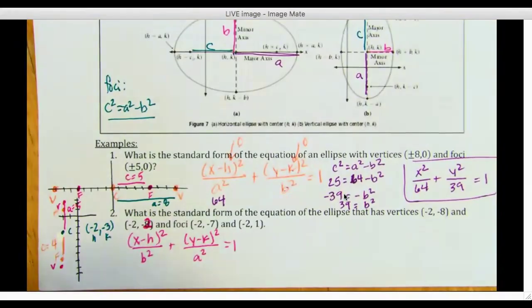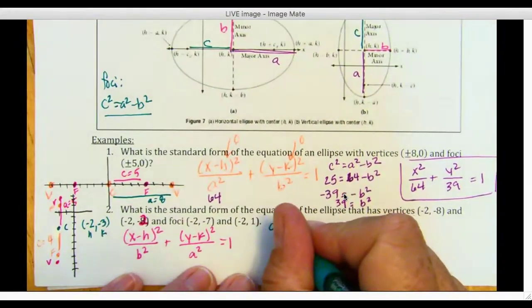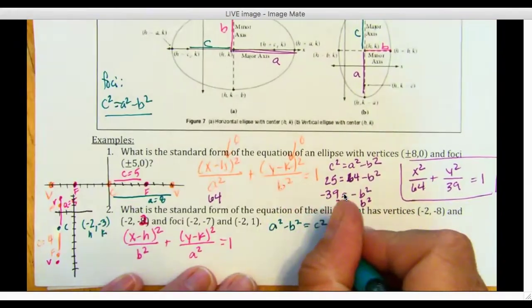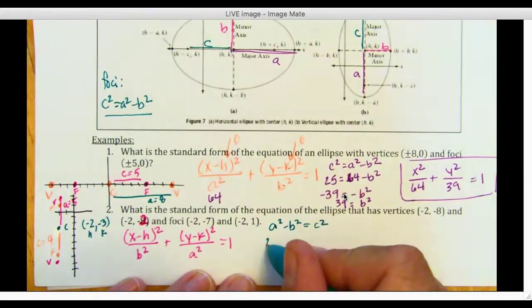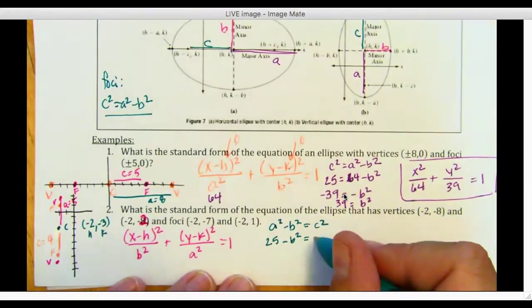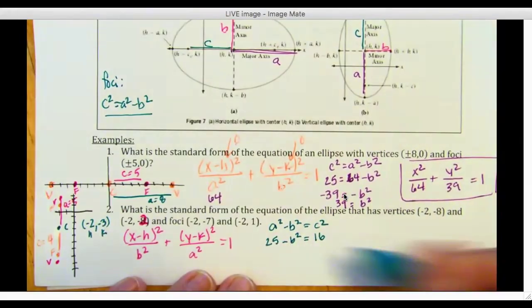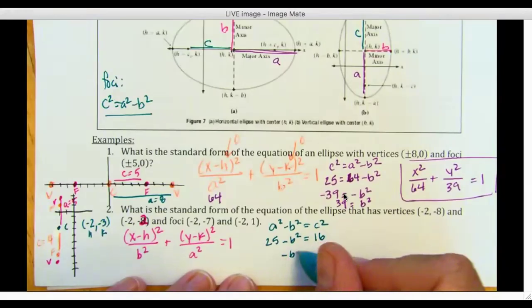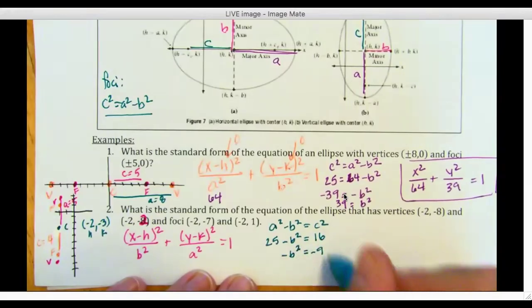So I can go ahead and use my formula: a squared minus b squared equals c squared. And a squared is 25. I don't know b squared, but I know that c is 4, so c squared is 16. Subtracting 25, negative b squared equals negative 9, so b squared equals 9.